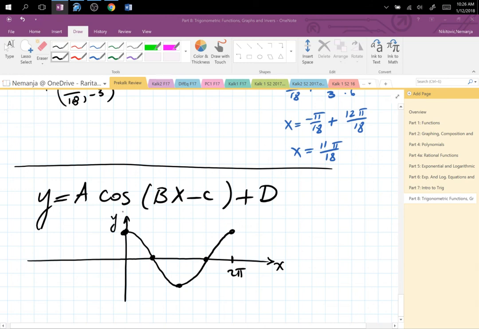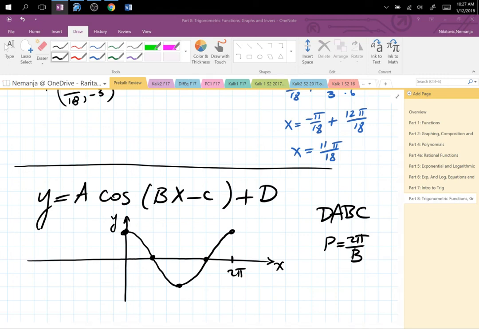And everything is the same. Formula for the period is 2 pi over b. Start point, end point, right, work the same. So all of the specs, everything you learned is the same.